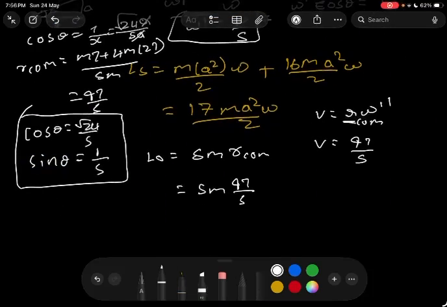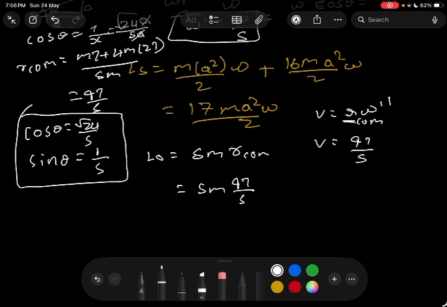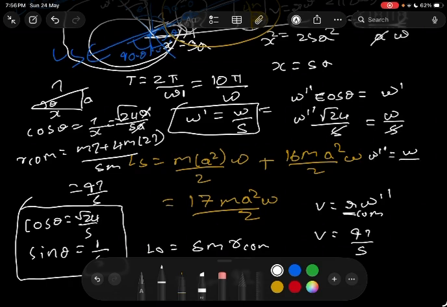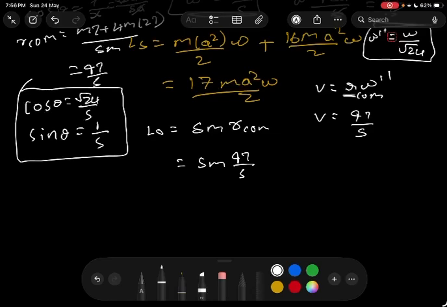So we got these values, and omega double dash times cos theta, which is root 24 by 5, equals omega dash, which is omega by 5. So omega double dash is omega by root 24. Good, we have found this. So the center of mass is 9L by 5 times omega by root 24.